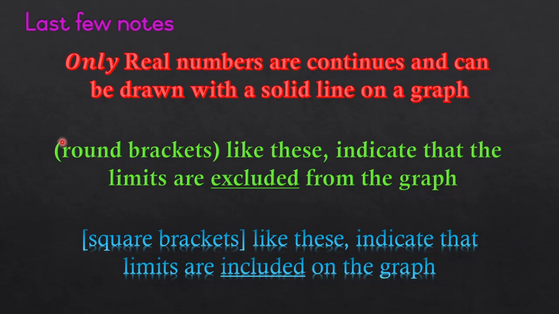Please don't confuse these round brackets with the way we write our coordinates. I know coordinates are also written with round brackets, but they are written with an a or a b in front, whereas this specifically applies to our limits.